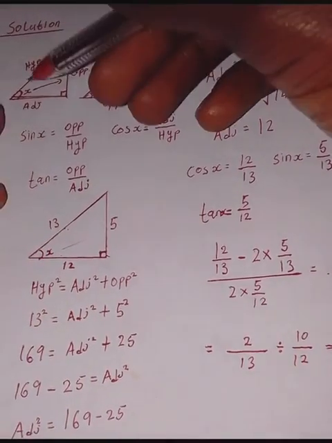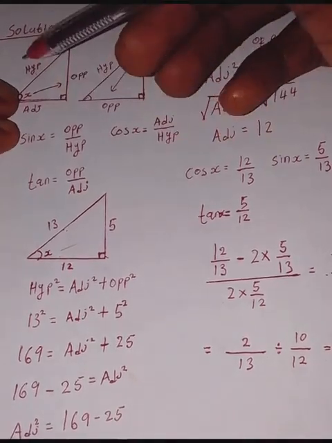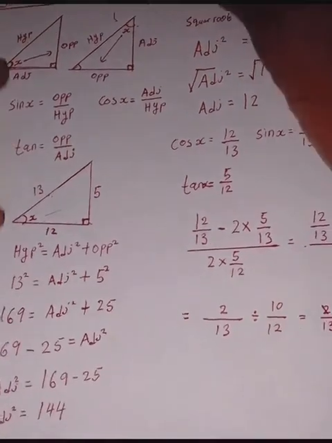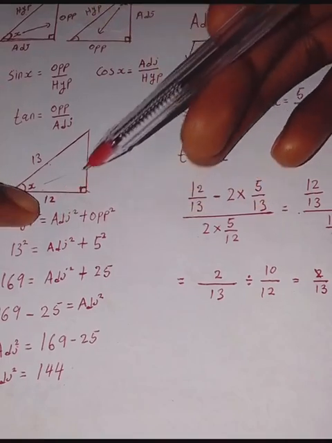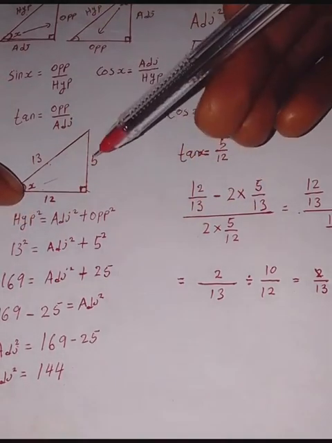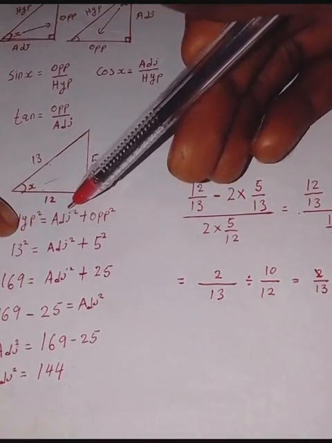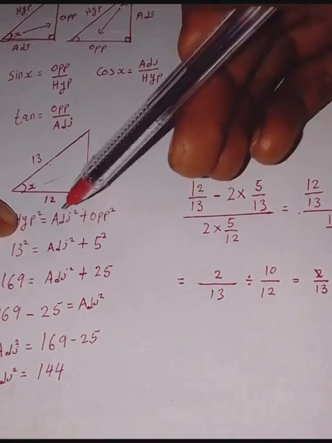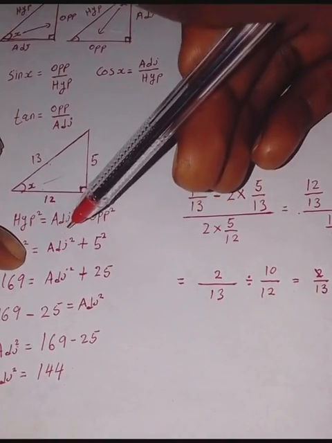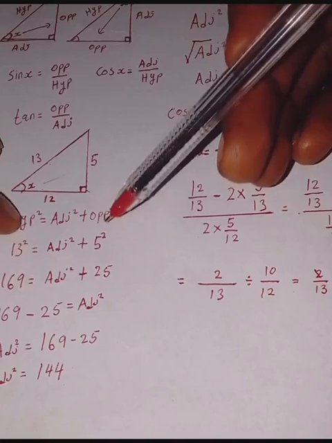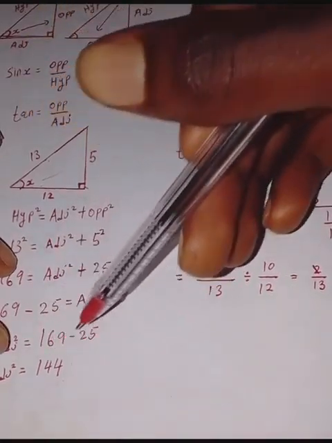So now let's review what we just did. I said the one facing the angle is the opposite, while the other side is the adjacent. This here is the hypotenuse. So from here we use Pythagoras theorem to find the missing side when we have sin x, which is opposite over hypotenuse. Hypotenuse squared equals adjacent squared plus opposite squared. We are looking for the adjacent. So 13 squared equals adjacent squared plus 5 squared. 13 squared is 169 minus 25, then we collect like terms.